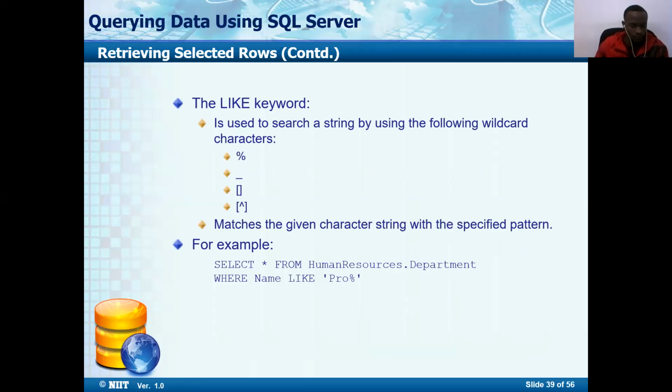For example, you have a database with names of students in a students table, and you want to find out if there are students whose names start with the letter S, and you don't mind what follows, or whose names consist of maybe the letters A and G. For such cases, you use what are called wildcards.